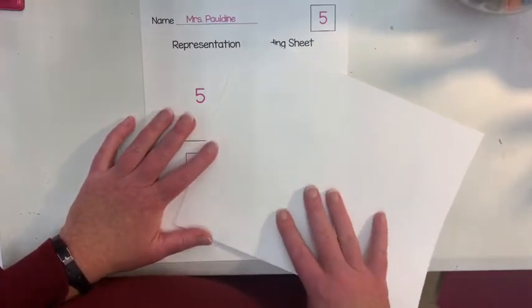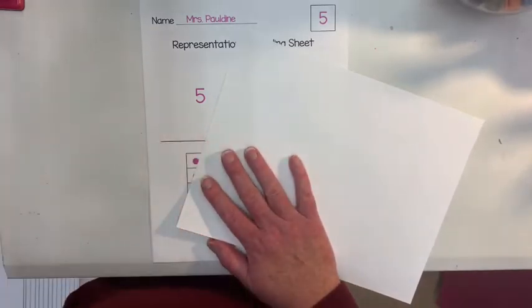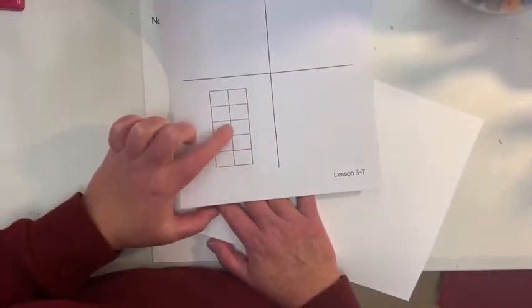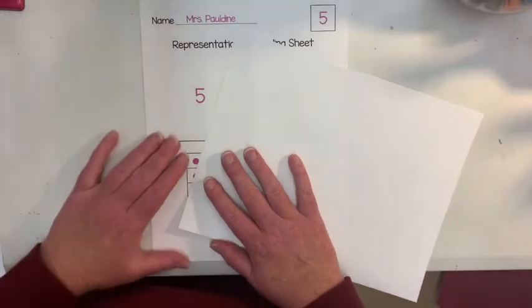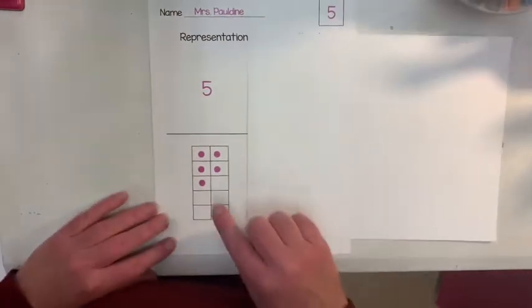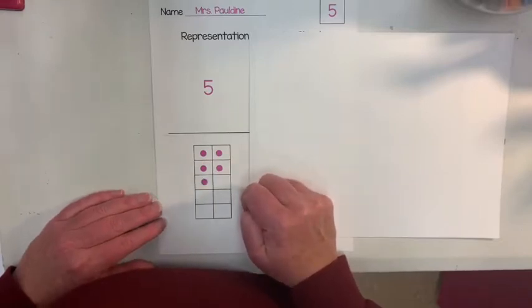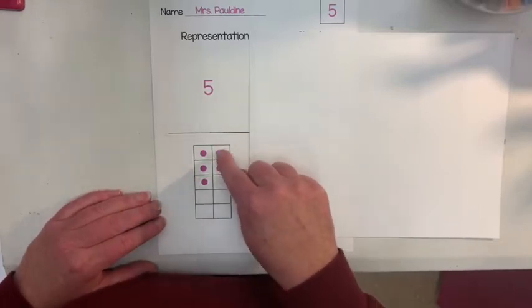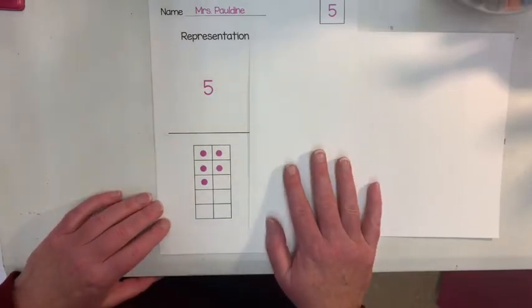So let's think of a different way we can show the number 5. Well, on your paper, you're going to have a 10 frame. So, since the 10 frame is already there, what you can do is draw 5 counters on your 10 frame.